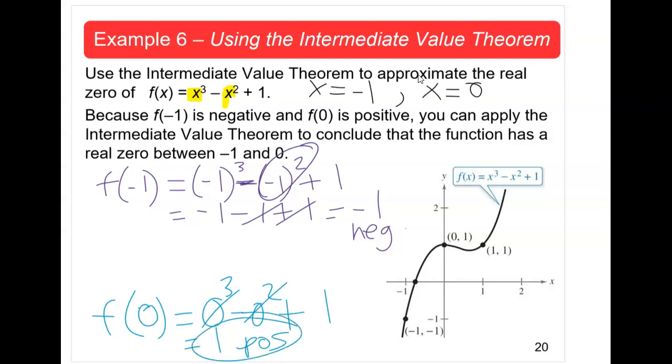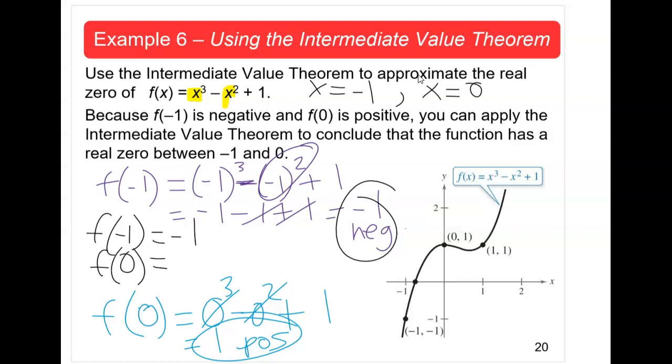So f of -1, we got -1, and then f of 0, we got +1.